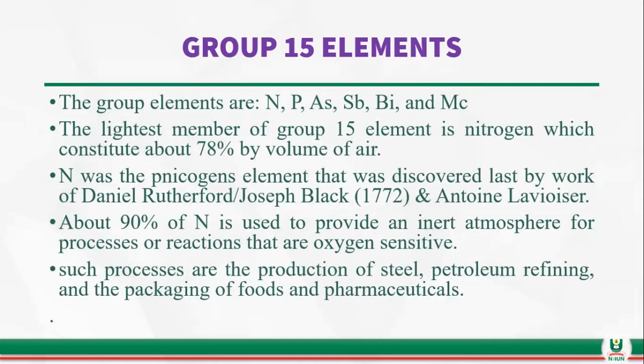Group 15 elements are the P block elements because their valence electronic configuration ends in p orbitals. They have 5 electrons in the outermost shell.